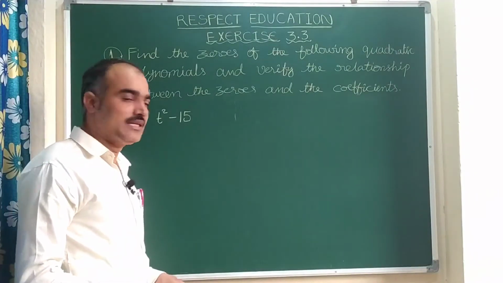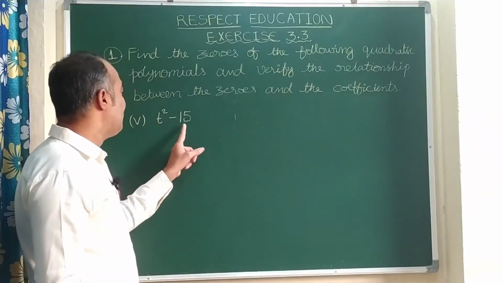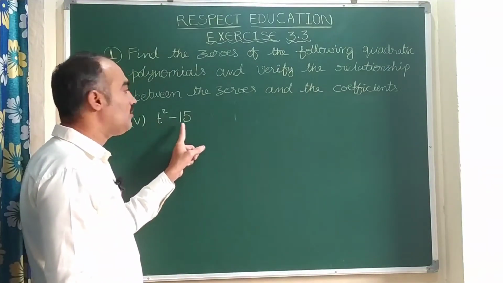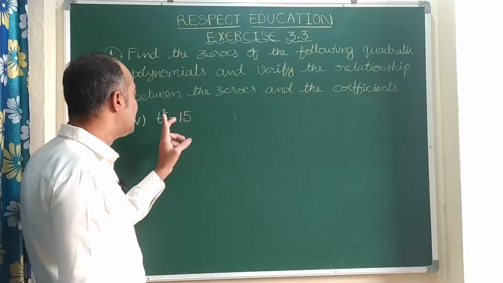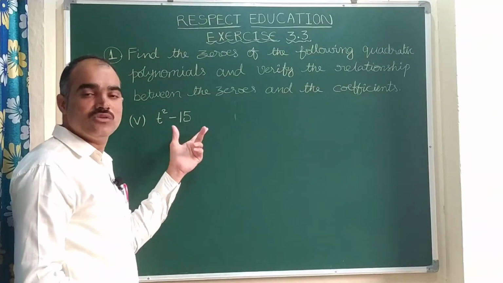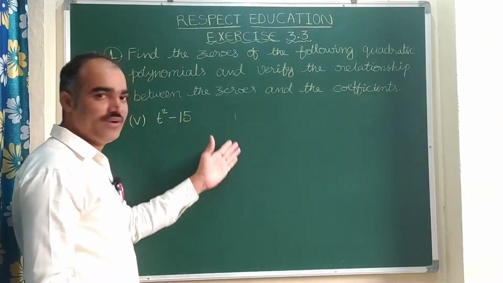Now let us see the next bit, that is the 5th bit, t square minus 15. So here it is in the form of a square minus b square. Let us write 15 as root 15 whole square. Then it will be in the form of a square minus b square. So we apply the formula directly instead of writing factors and all.